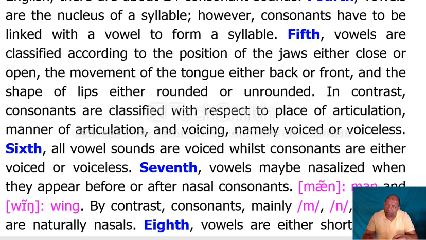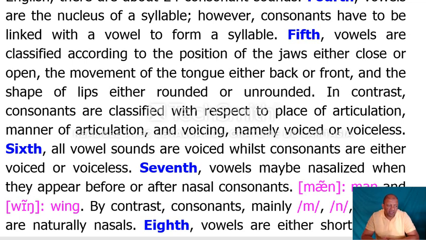T is voiceless. Its counterpart is D, which is voiced. You speak about a fricative. S is voiceless. Once you speak about Z, it becomes voiced. So each sound has its counterpart: voiced, voiceless, plus voice, minus voice.